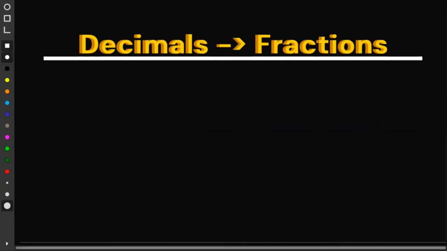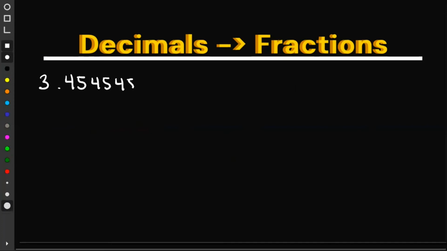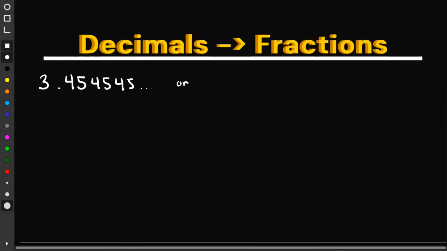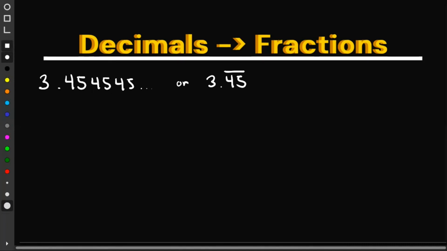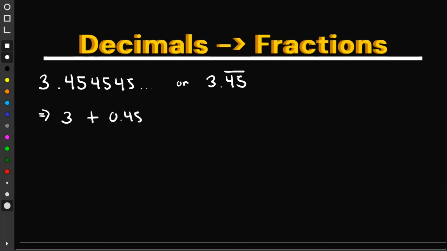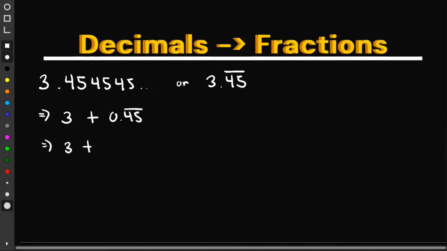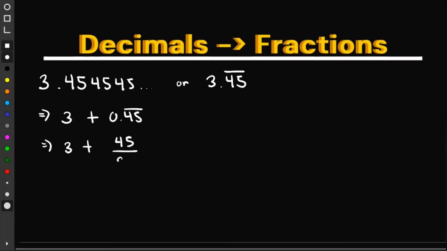Let's have one final example. If we have 3.454545 and so on, since we know that the 45 is repeating, we can write this as 3.45 with a bar. This is equal to 3 plus 0.45 bar, which as we know is simply 45 over 99.